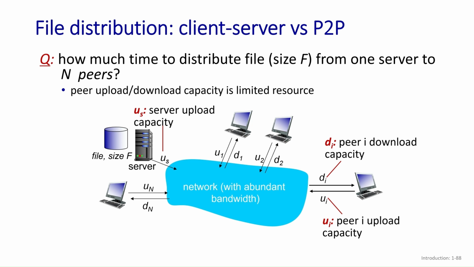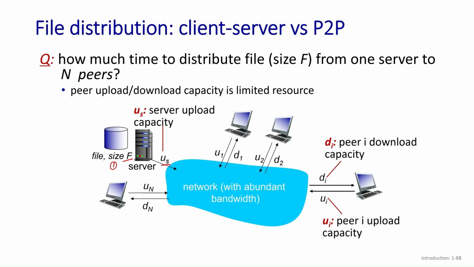We have a server having a file of size F. This is parameter one that we need to know. The server has a sending capacity u sub s, meaning the server can send data at the rate u sub s, and there are N clients.